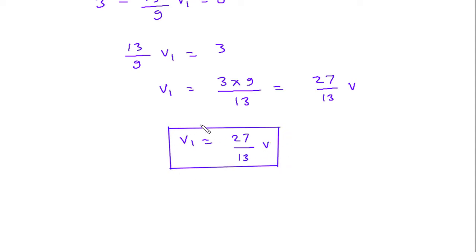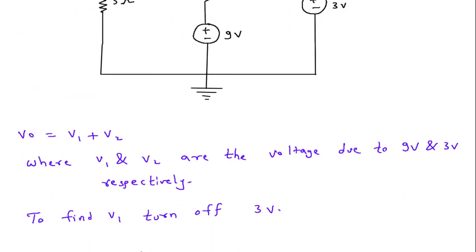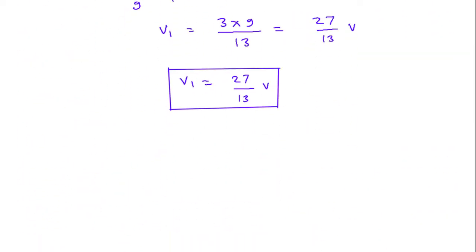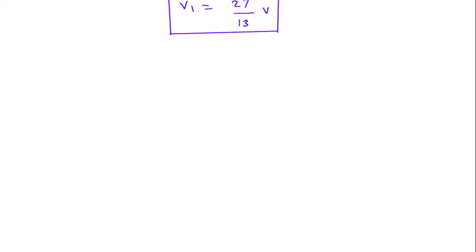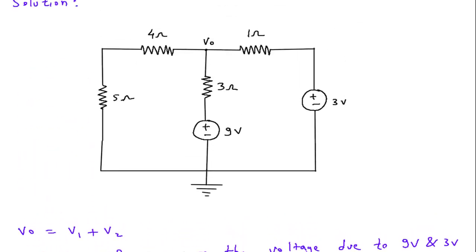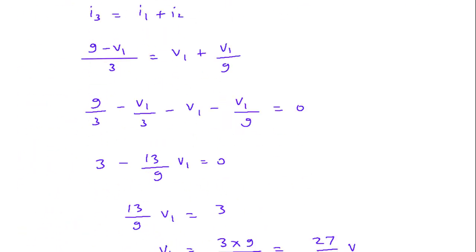Next we have to find V2. So to find V2, this time we will turn off this 9 volt and consider 3 volt.